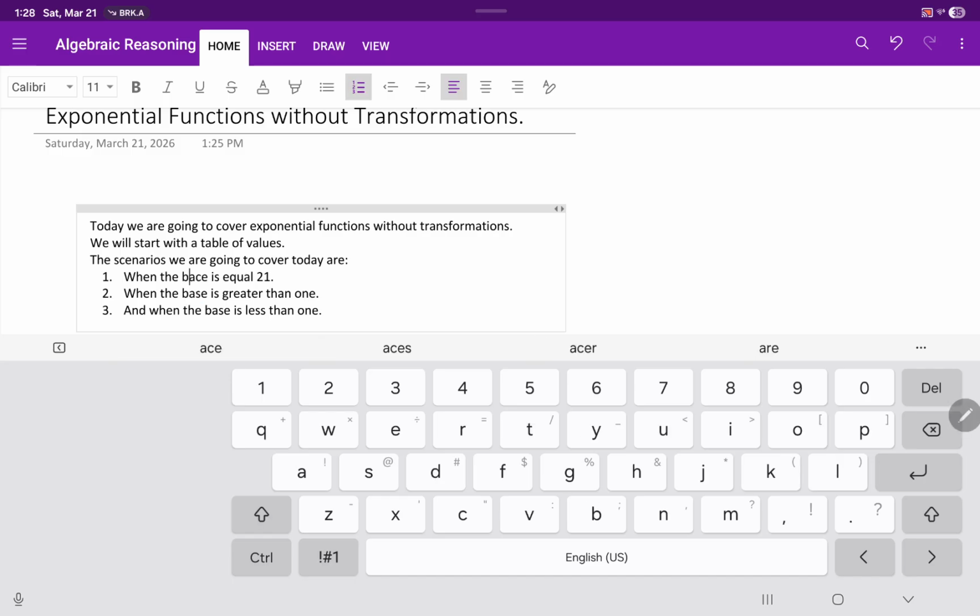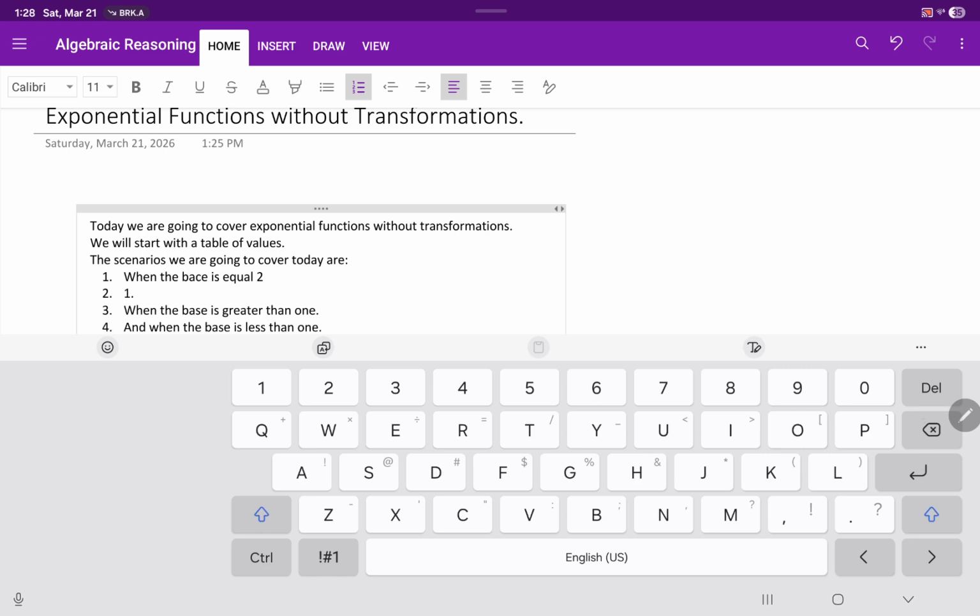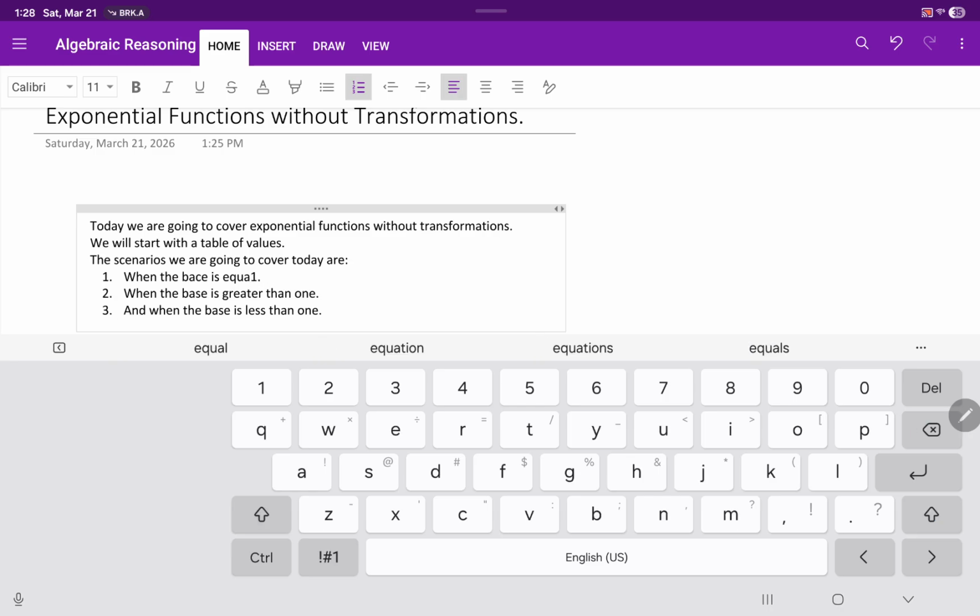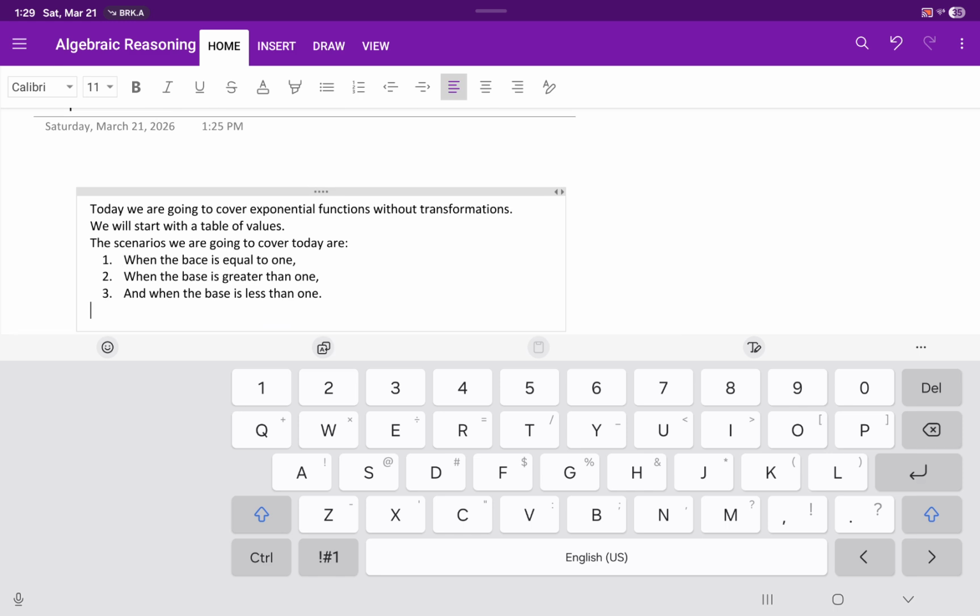B is equal to, and because this is a number that is less than 10, English conventions say that we should spell the word out. I'm going to put a comma there. When the base is greater than 1, that should be a comma. And when the base is less than 1. Right, I'm going to press enter, enter, enter.